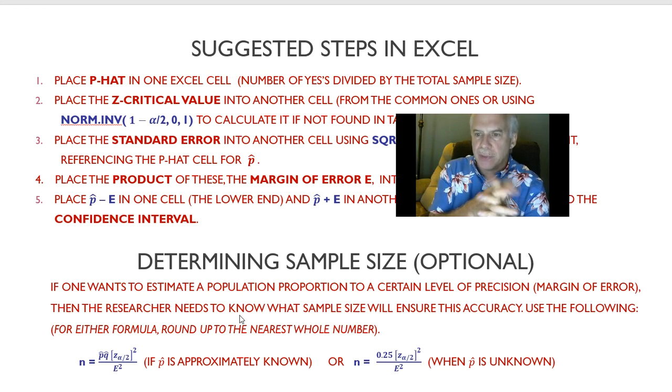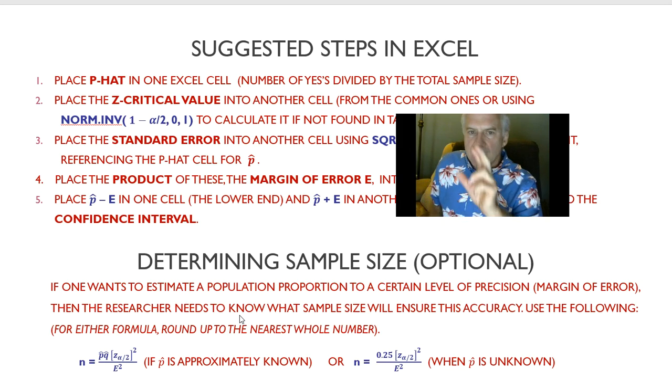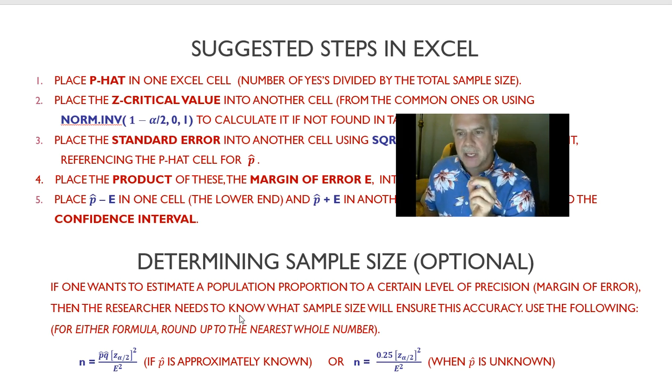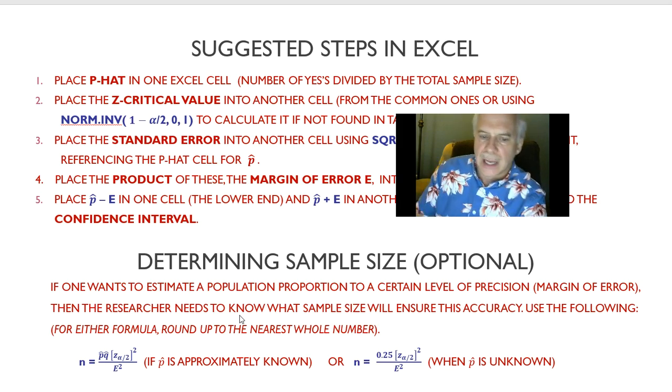How would you do this using a sample? How big of a sample would you need? Let's say you wanted to determine the percentage that are women all the way down to 2% margin of error. Okay, you need it within 2%. How would you do this?